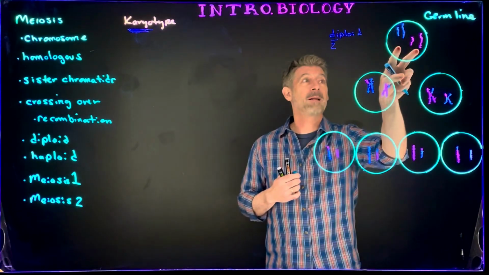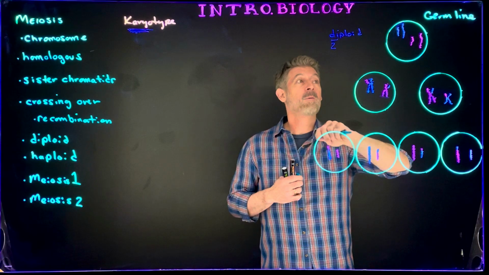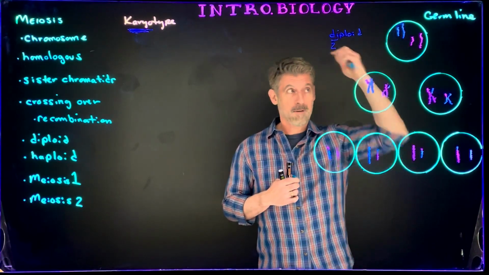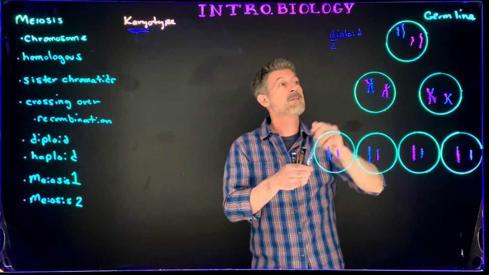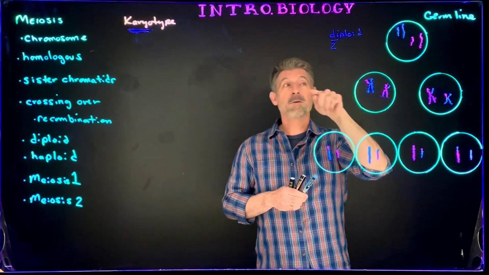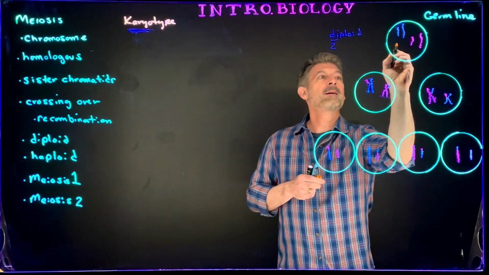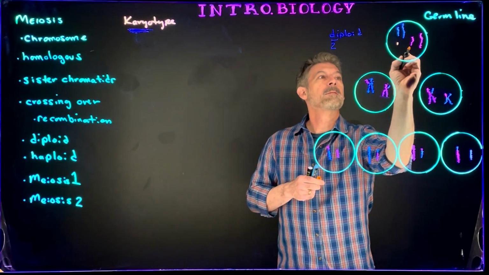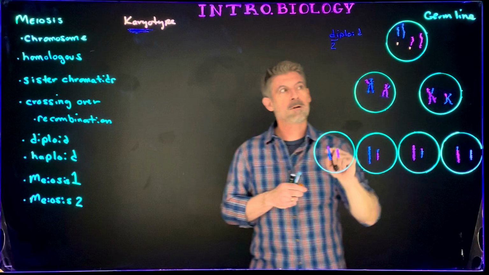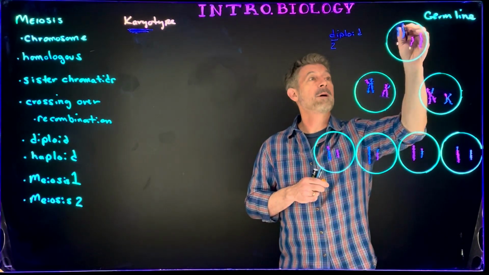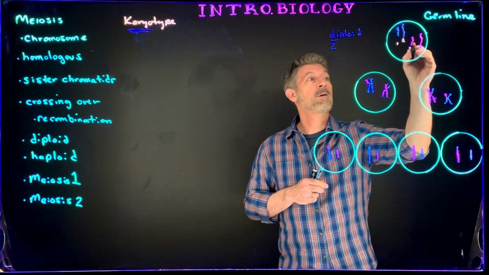So in my little model here, I'm coding them with some color and size. The size is for the karyotype. These little ones are chromosome number 1, and these bigger ones are going to be chromosome number 2.